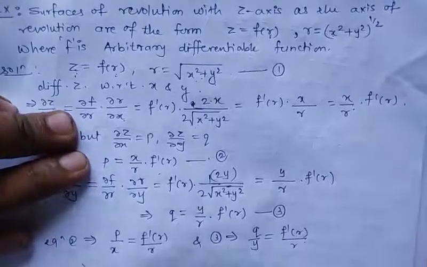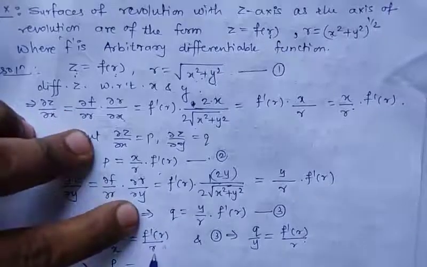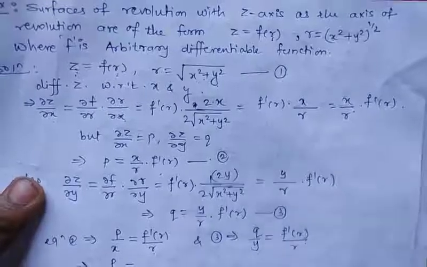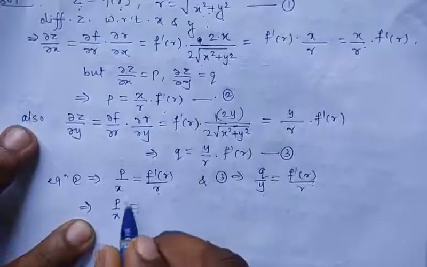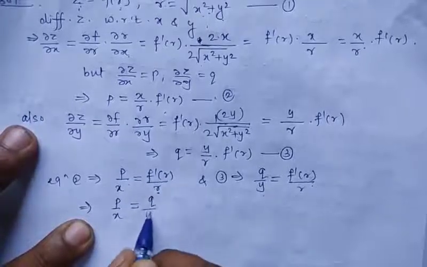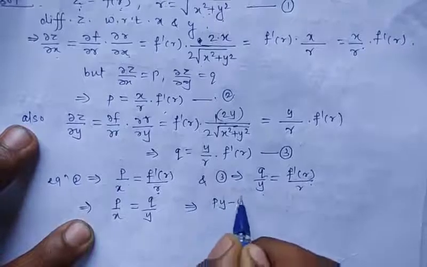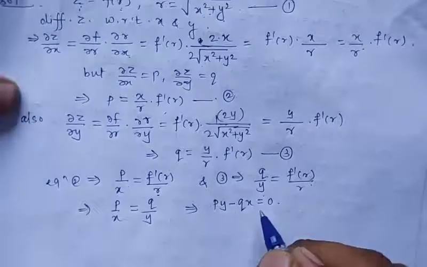So p by x is equal to f'(r) upon r, which has the value q by y. So cross multiplying we get py minus qx is equal to 0, and this is the required partial differential equation.